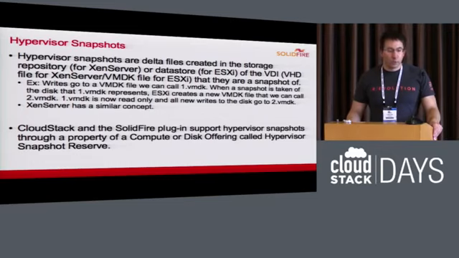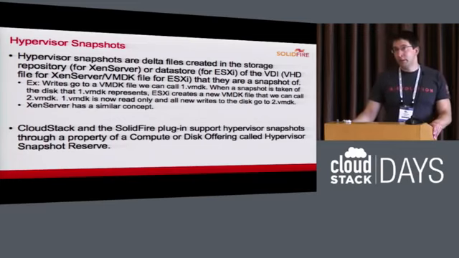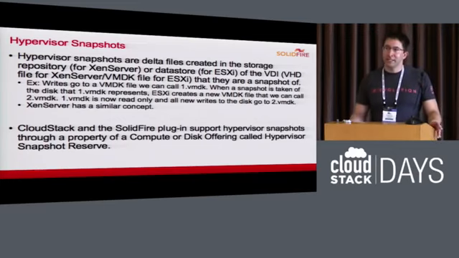For XenServer right now, we're working with people at Citrix in that community to have a similar feature implemented in XenServer where we can either resignature the UUID or do something like that, so we can make use of these back-end snapshots really efficiently. Otherwise, what you're left with is better than the traditional backups that CloudStack has, but it's not nearly as good as what I have in ESX.